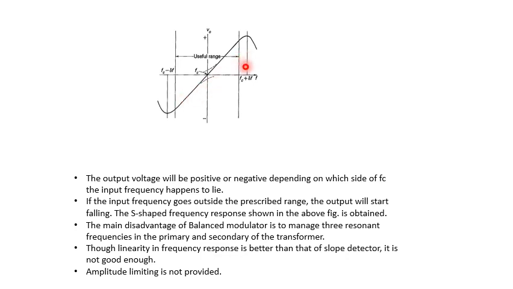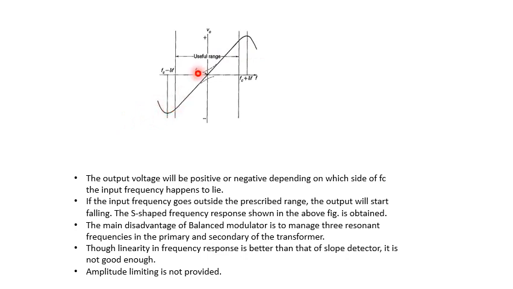And when the frequency exceeds Fc plus delta F, or Fc minus delta F, which are the resonant frequencies of the two tuned circuits, then naturally the output voltage will decrease on this side and similarly on the other side.